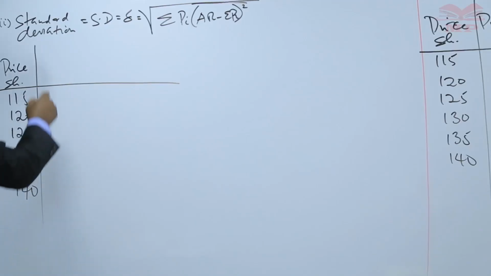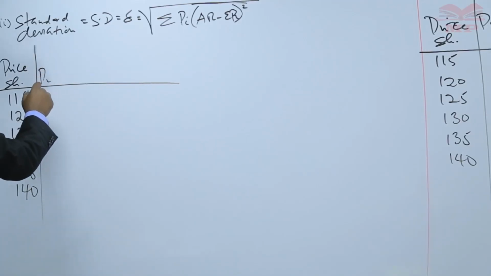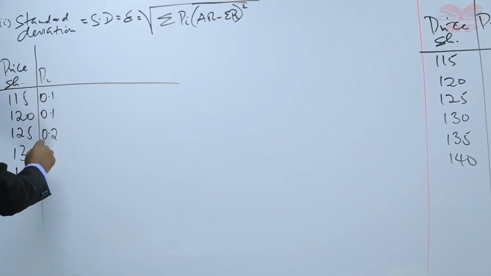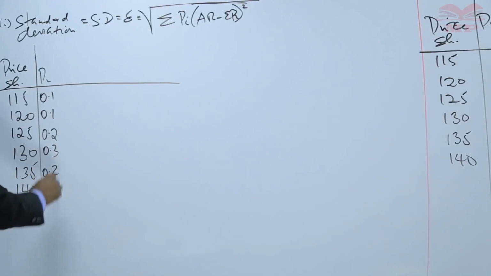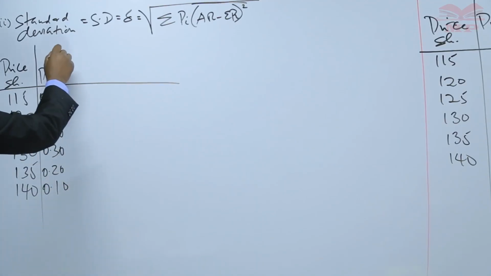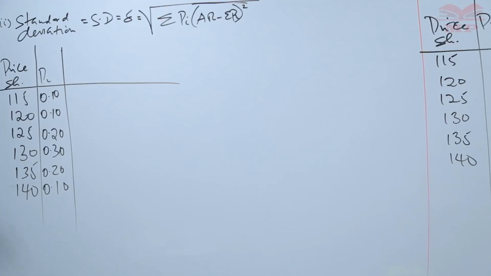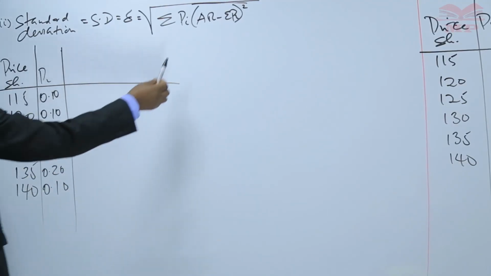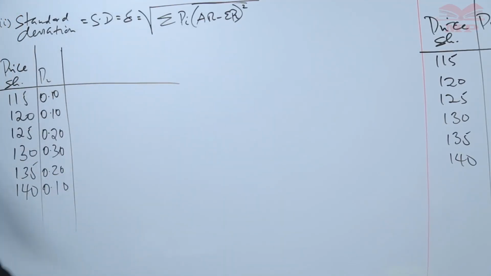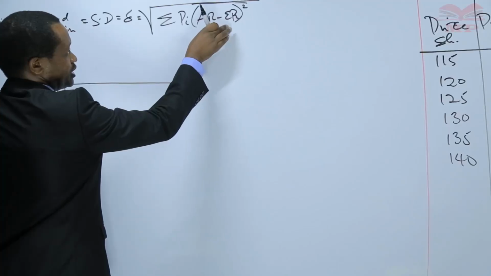Then the probabilities, PI: 0.1, 0.1, 0.2, 0.3, 0.2, 0.1. Then candidates, another column we need here is the deviations. We need to calculate the deviation.